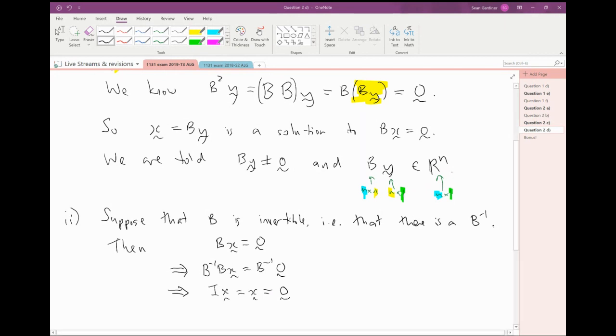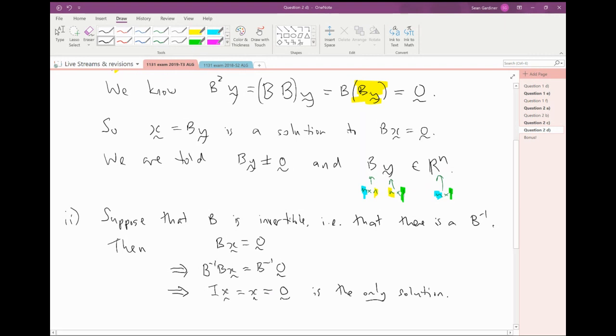Yeah, so if an inverse exists for B, then the only solution to Bx equals 0 is that x equals 0. Because every step I made was not eliminating any possibilities, right?